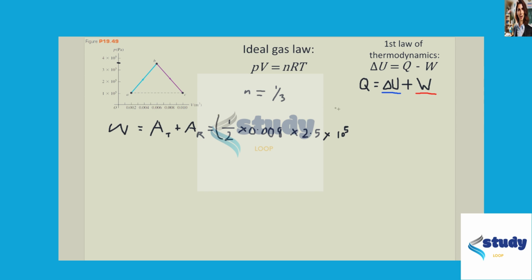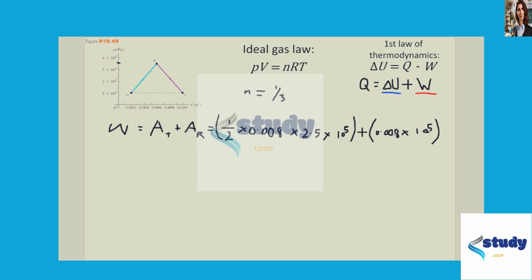And that will be added to the area of the rectangle, which is just the base times the height, which will be equal to its base, 0.008 meters cubed, times its height, which is 10 to the 5 pascals.